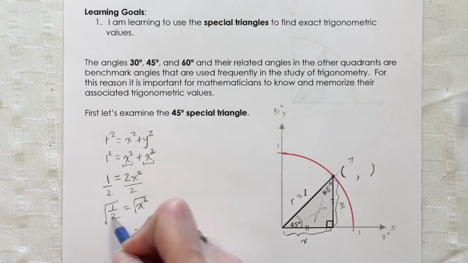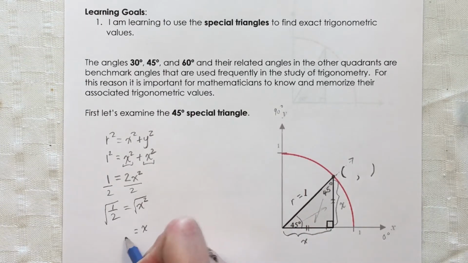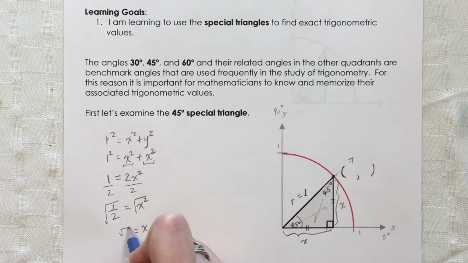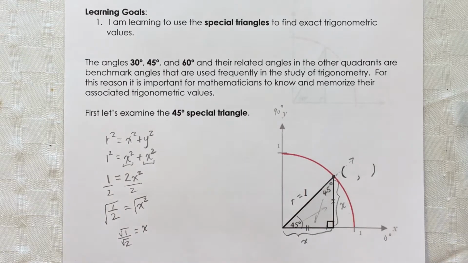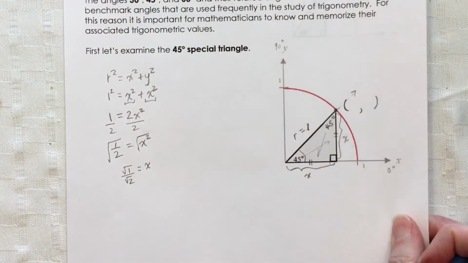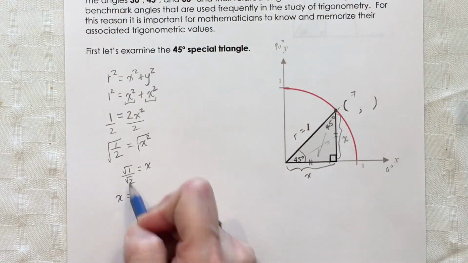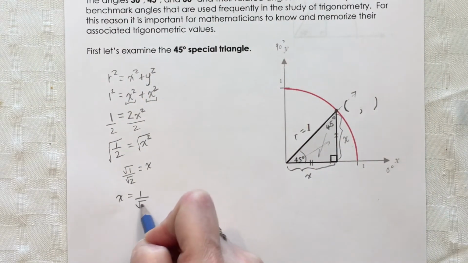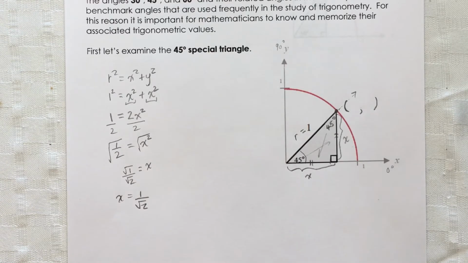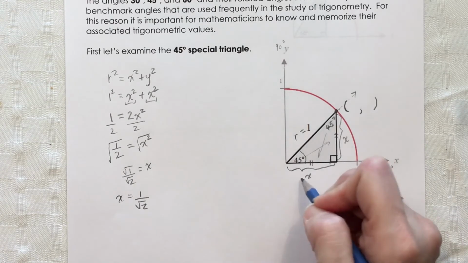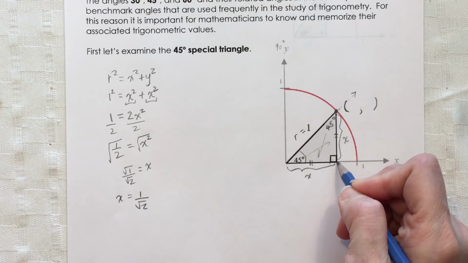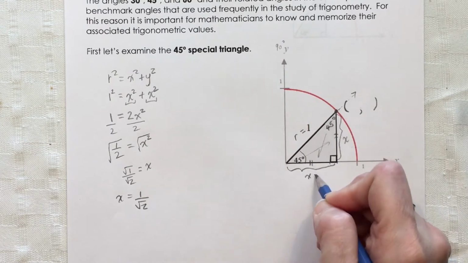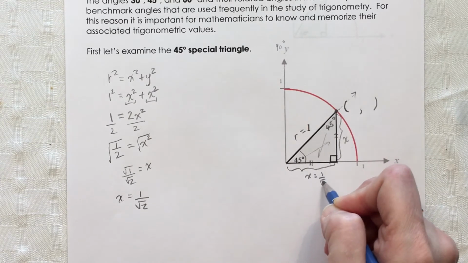And we're in the first quadrant, so I'm not going to worry about the plus or minus, but we can do the root of 1 over the root of 2. And so our x is, the square root of 1 is 1, but the square root of 2 is yucky, so we're just going to leave it as square root 2. So that means this distance from 0 to where this right triangle would end is 1 over root 2.